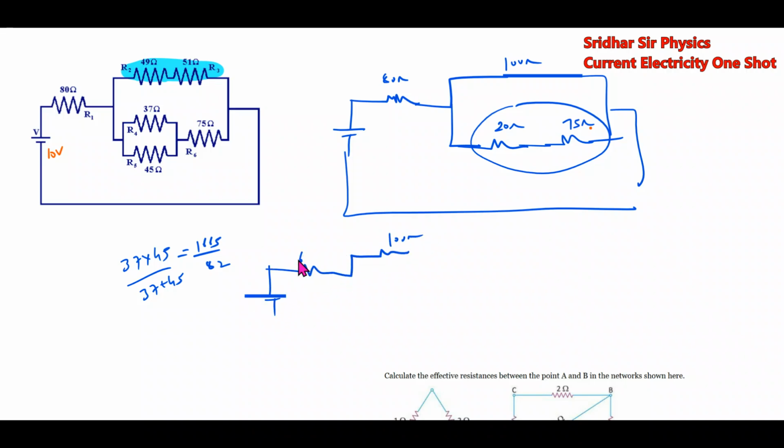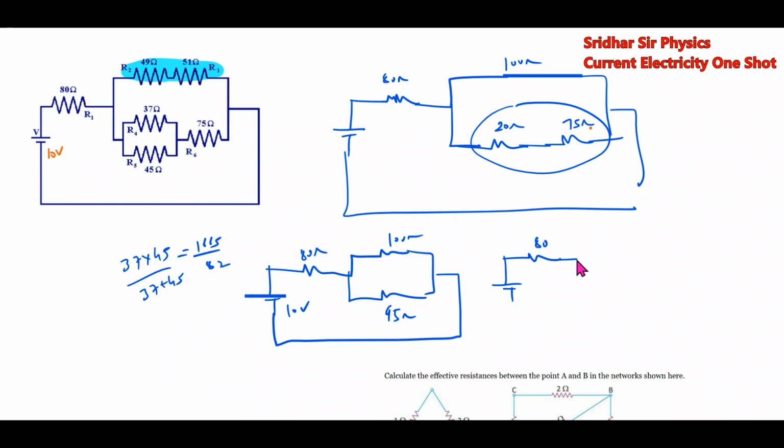100 ohm, 80 ohm, 95 ohm. Now again they are in parallel, replacing that with equivalent and solving. 100 into 95 by 195, 9500 by 195.